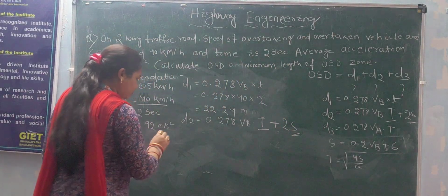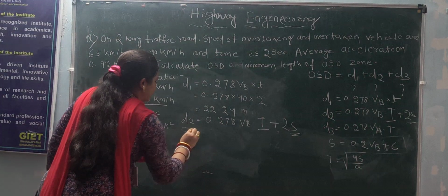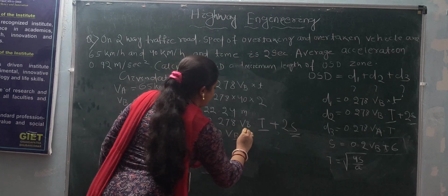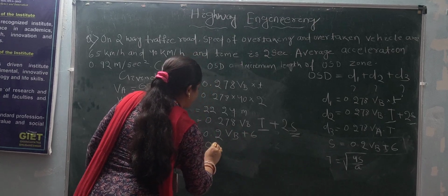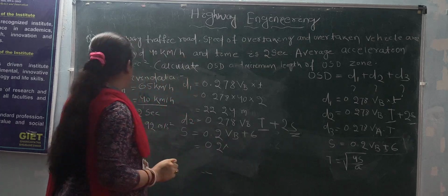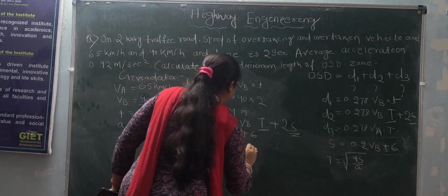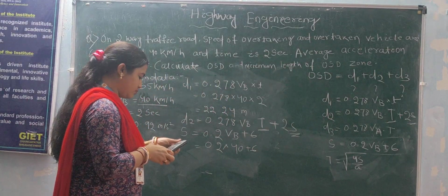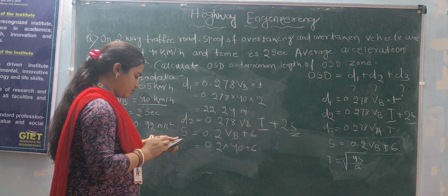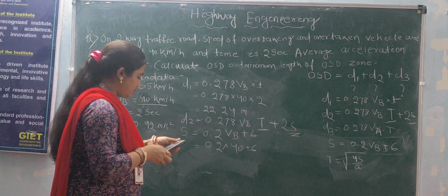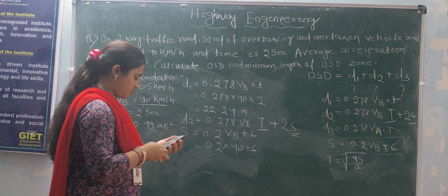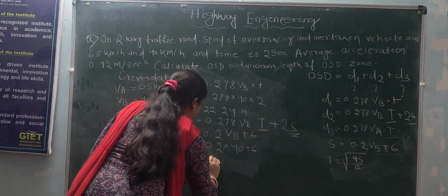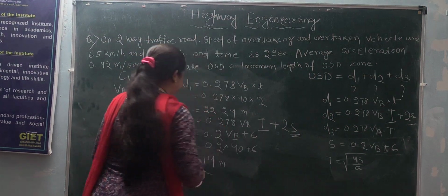Okay. Then come to S. The formula is 0.2 dB plus C. So 0.2 dB. Where dB is 40 km/h plus 6. The value is 40 meter.